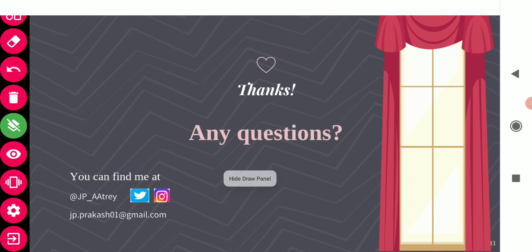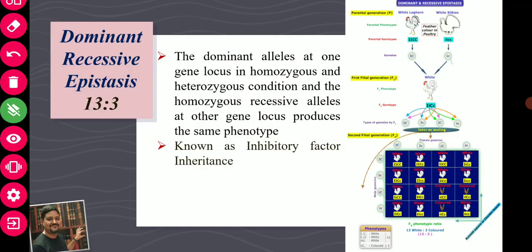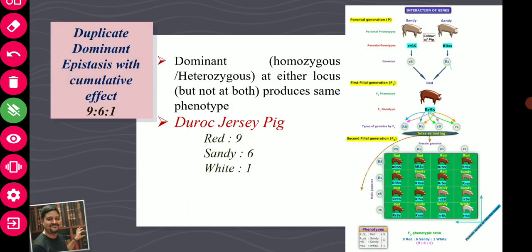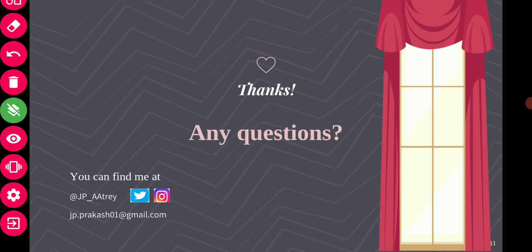I will just check and tell. Yes, with cumulative effect, 9:6:1. So what will happen? The intermediate phenotypes will combine together because dominance at both loci will have a different phenotype. So this is how we can remember the different epistatic ratios.